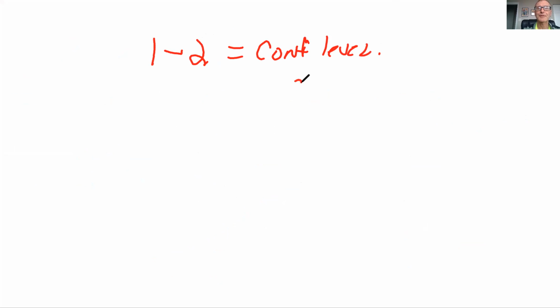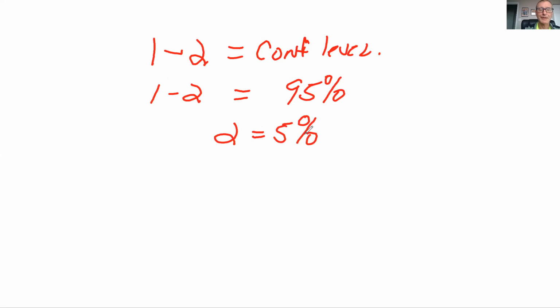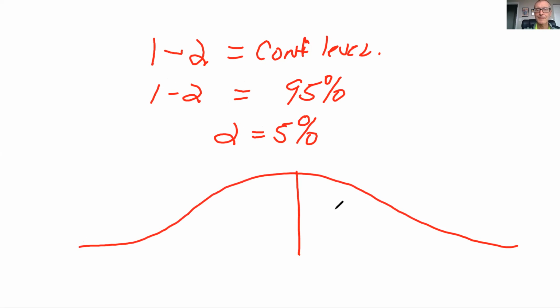So if our confidence level is 95%, 1 minus alpha, if we do this calculation, you bring 95 to the other side and alpha over here, you would see alpha equals 5%.